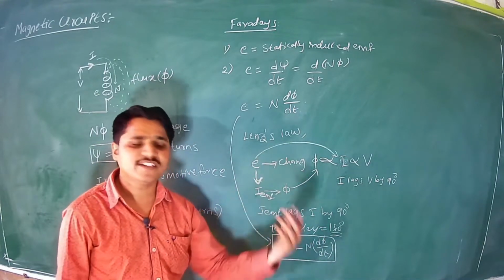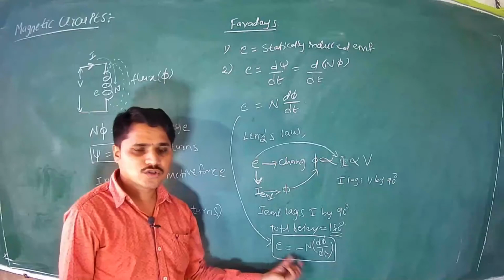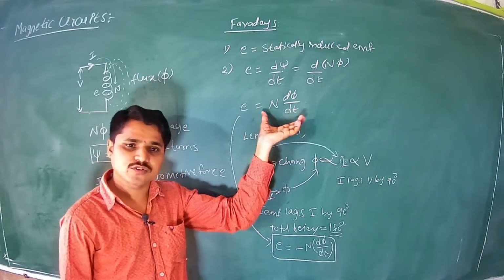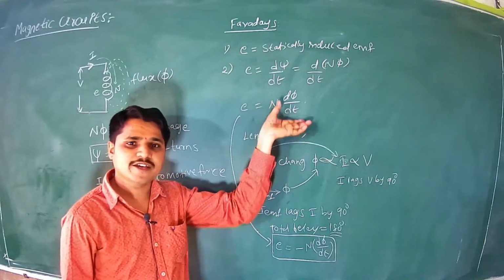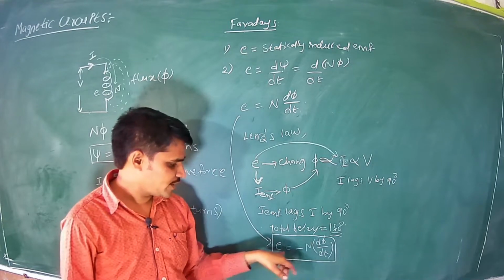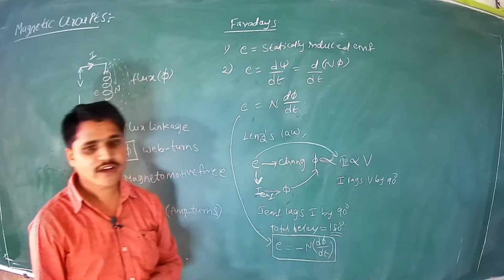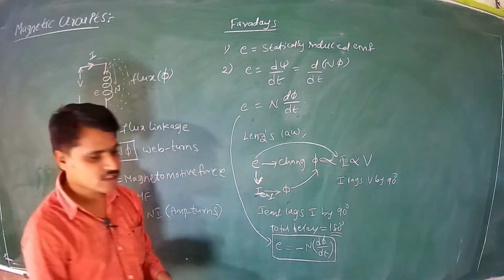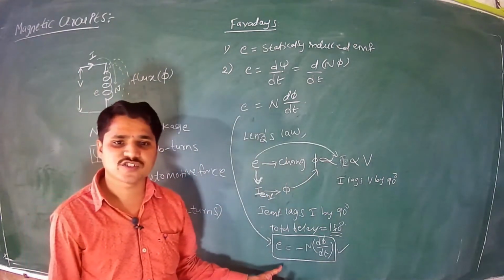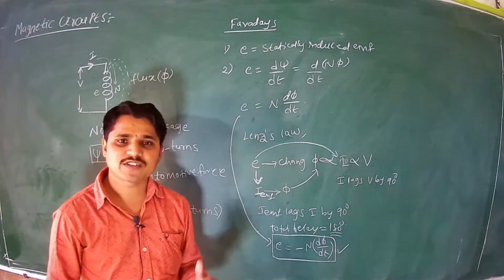So the more the flux linkages change, the more EMF is induced. According to Lenz's law, whatever induced EMF is produced must oppose the cause producing it. Therefore, we get the minus sign here. So E equals minus N d phi by dt. This is the statically induced EMF. How can we define the statically induced EMF? Statically induced EMF is the EMF.